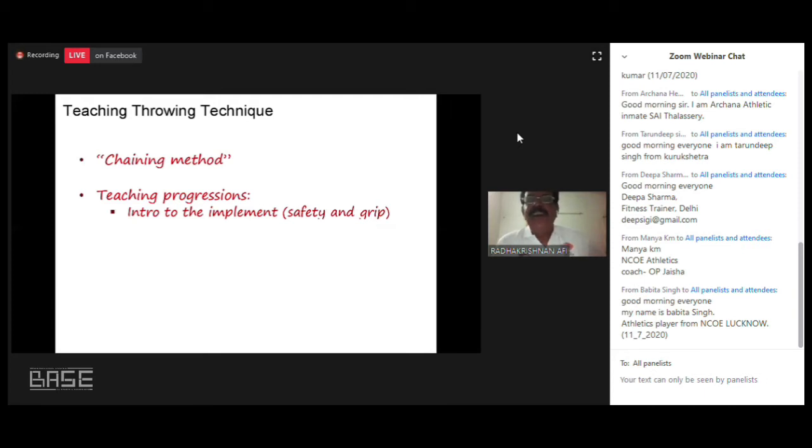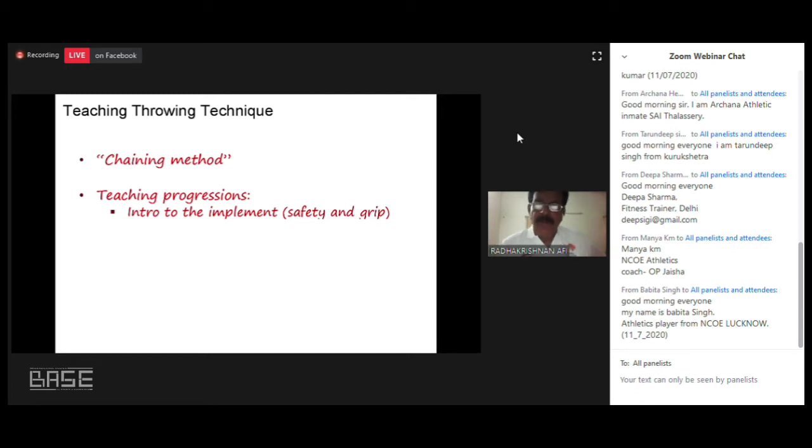We have a lot of examples in front of us in competition, and I have even experienced a tragic accident in hammer throw during training. The important thing in teaching a skill is that you should ensure safety first. And we must inform the athlete about safety in the beginning of the teaching progressions.